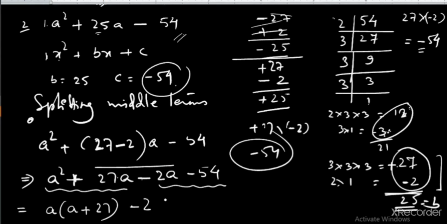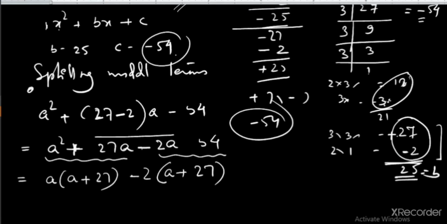So let us take out 2. What is remaining? Keep it inside. So here it is a, and then plus, because minus is already taken out as common, so plus is remaining. And 2 how many times? 27 times will give you 54.